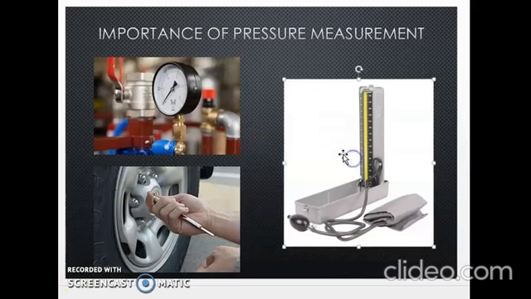Another important example is human blood pressure. If the blood pressure of the human body is within the prescribed limit, then it is okay, otherwise we have to take care of our health. So these are a few examples of the importance of pressure measurement.